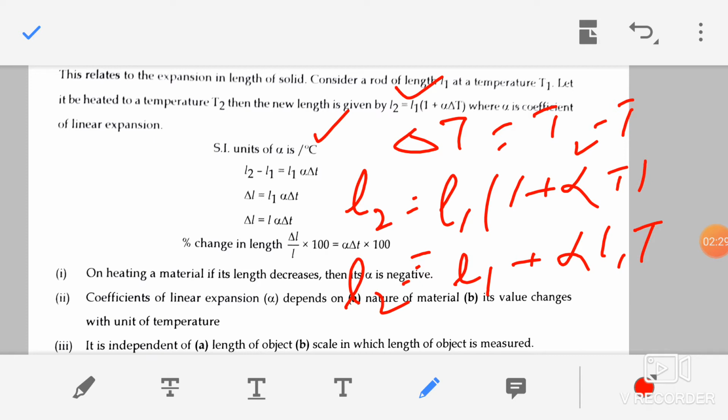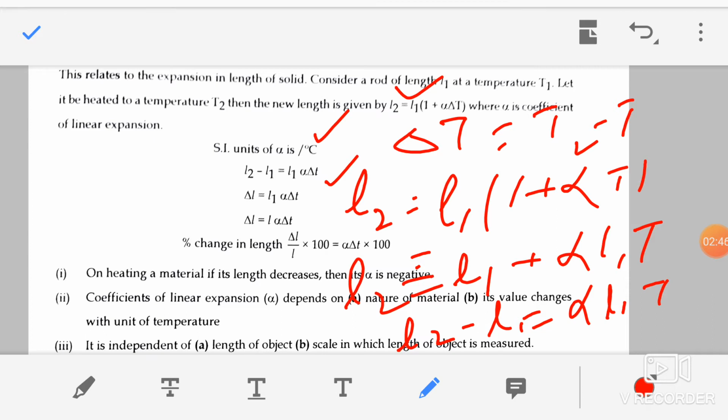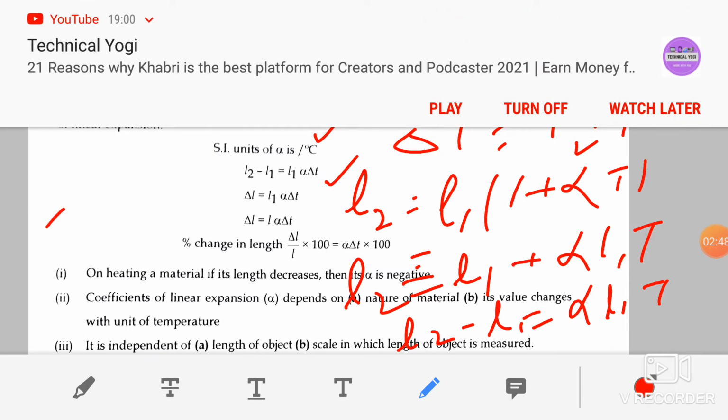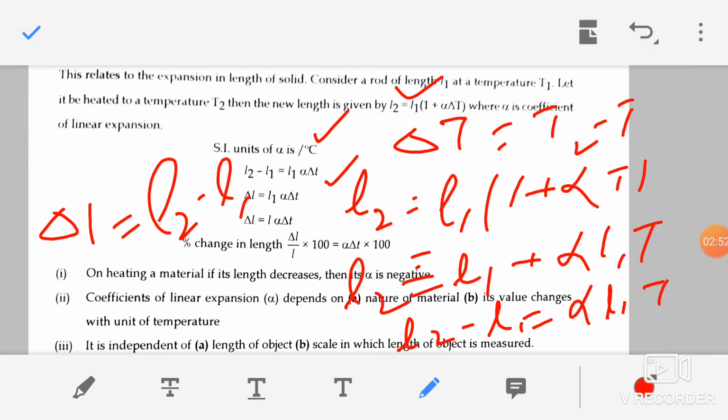Now take L1 to the left hand side: L2 minus L1 is equal to alpha L1 delta T. L2 minus L1 we can say is delta L.